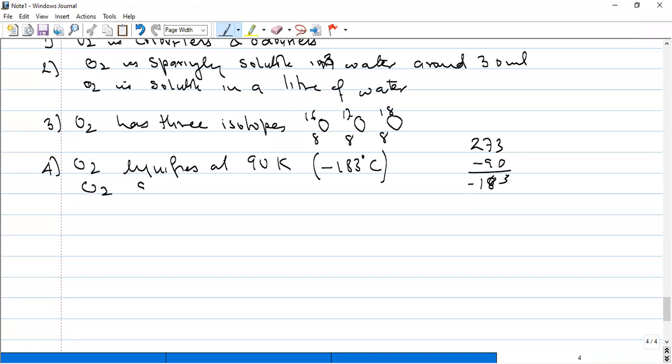And oxygen solidifies at 55 Kelvin. 55 Kelvin का मतलब 273 minus 55, that is minus 218 degrees Celsius, you get solid oxygen.